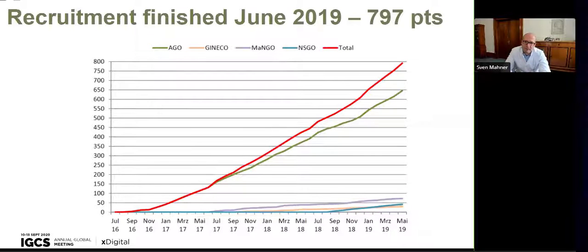And with the joint effort of these centers, we were able to recruit and randomize almost 800 patients over a little bit over a year. So quite successful patient recruitment in this study, and recruitment finished in summer of last year.